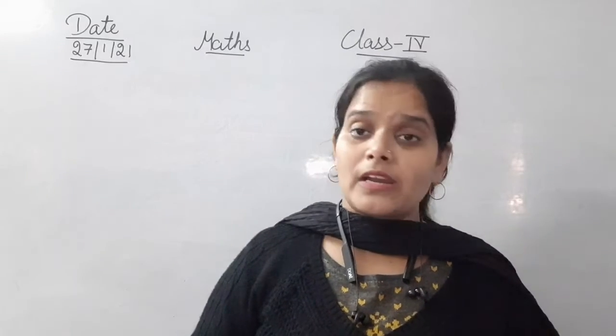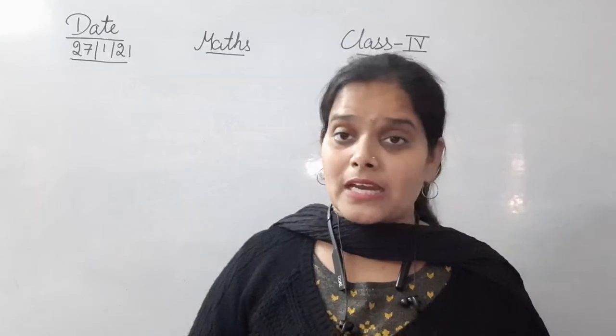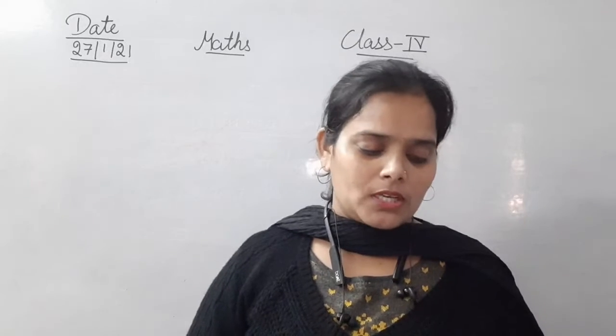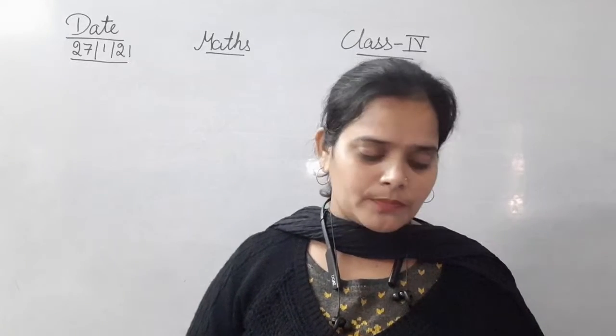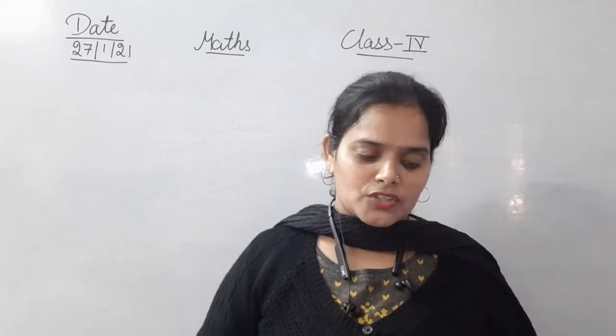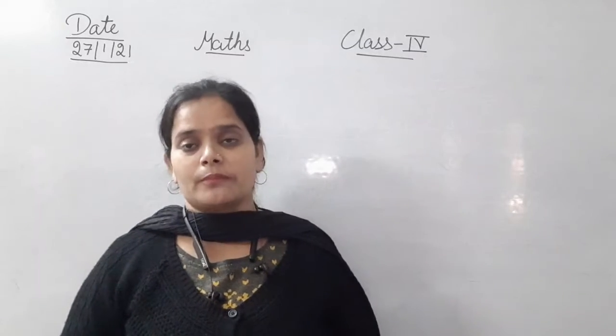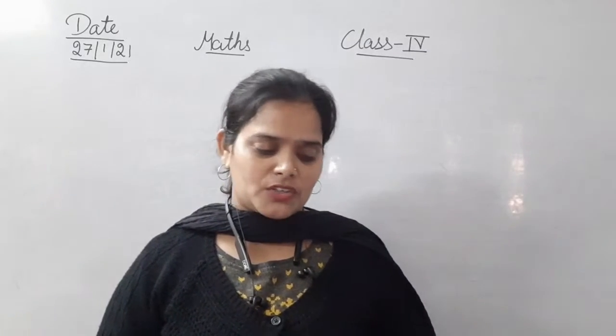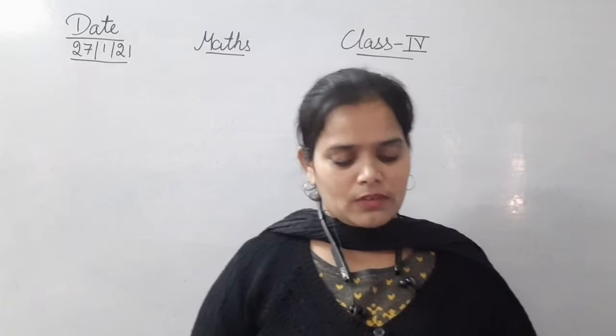Related to that, today we will start with a related topic from the same chapter number 8, that is to find a fraction equivalent to a given fraction. So we will find a fraction that is equivalent to a given fraction.